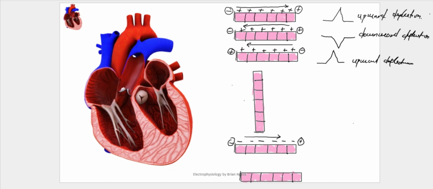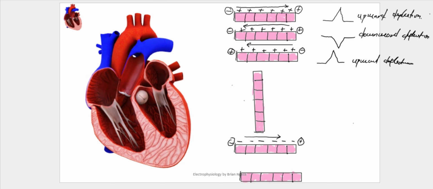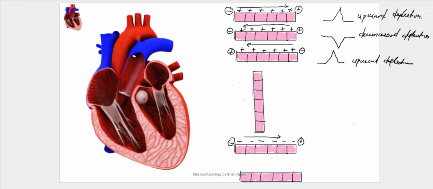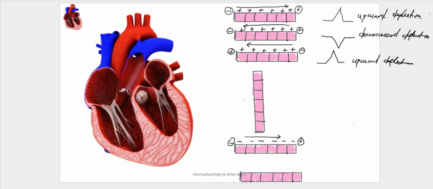It is just from simple physical determination. When negative charges move away from the negative towards the positive, this will give us a downward deflection. So the same with what we said, positive moving away from positive: charges moving away from a similar charge will give you a downward deflection.